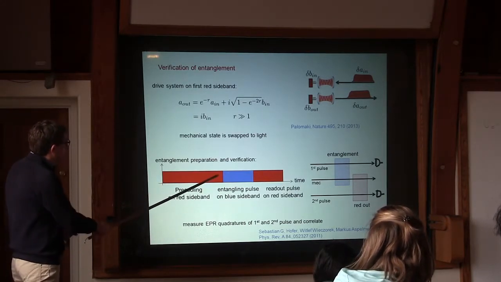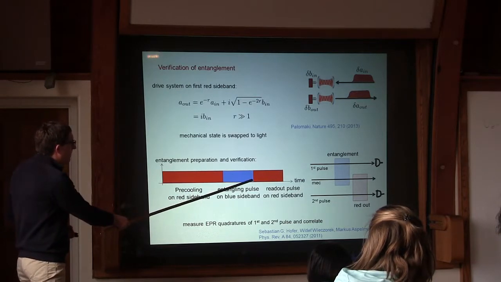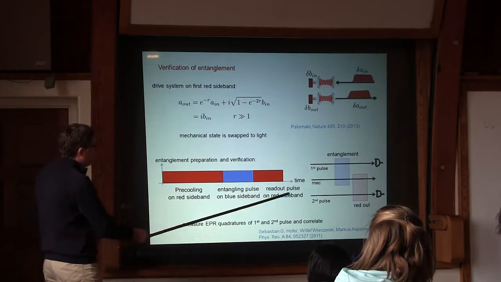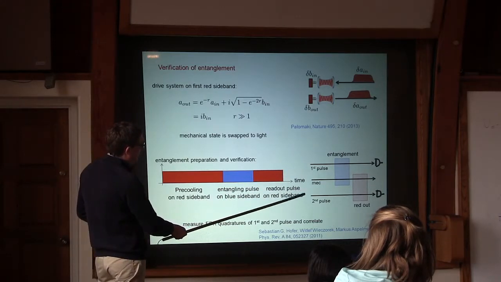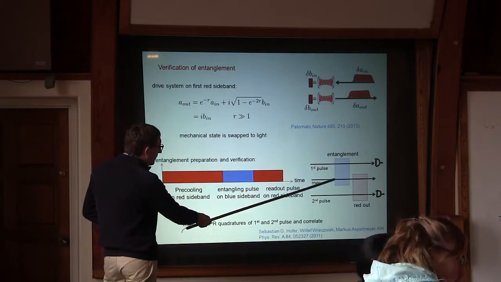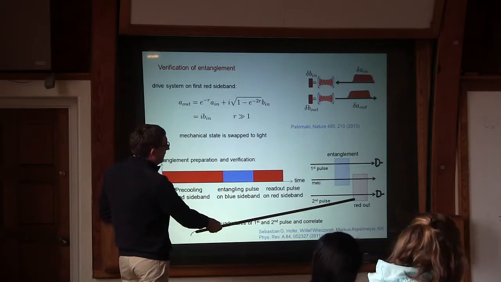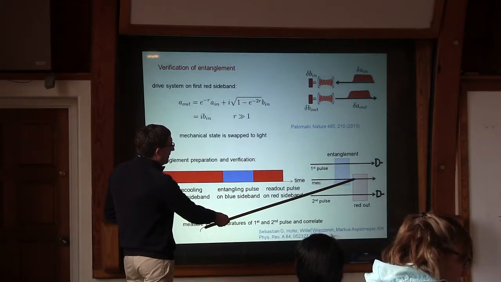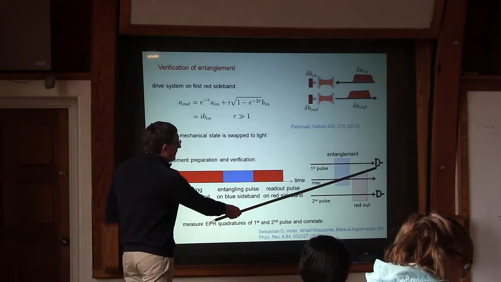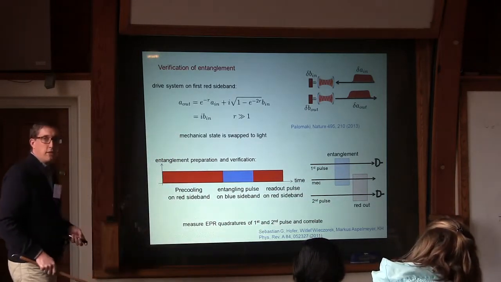We pre-cool the mechanical oscillator on the sideband, we shoot the first pulse, an entangling pulse, and then a second pulse, the readout pulse. The first pulse is entangled with the mechanical oscillator in the first step, and in the second step the mechanical oscillator state is swapped to light. Then we perform homodyne detection on the two pulses and correlate them to measure the EPR variance.